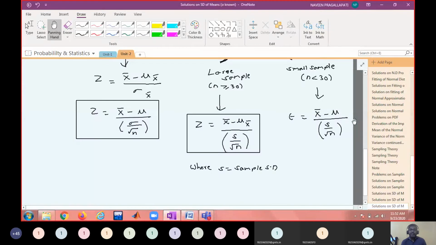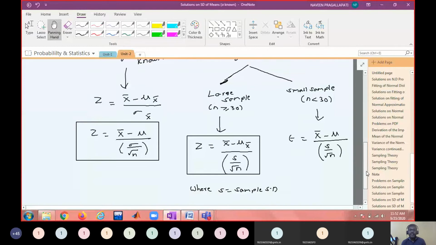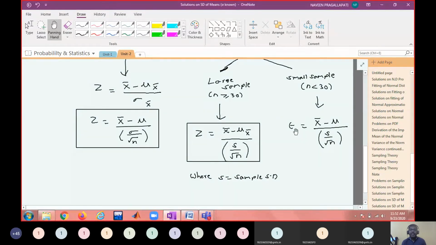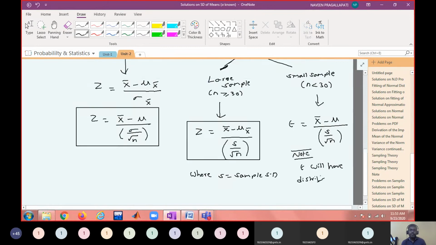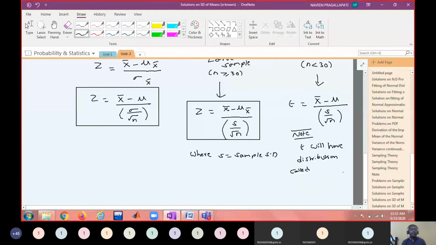But if sigma is unknown and you replace the population standard deviation with the sample standard deviation, then the variable defined like this will have another distribution called the T distribution, or actually the Student's T distribution.